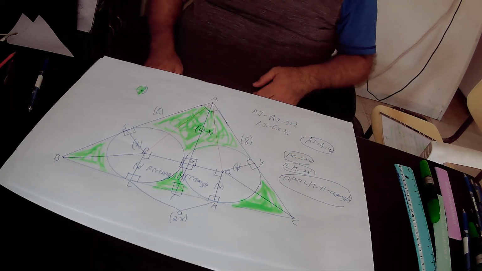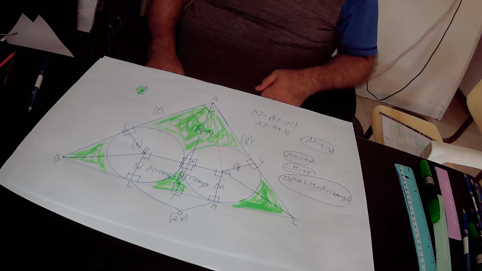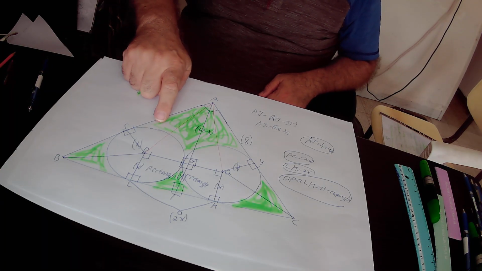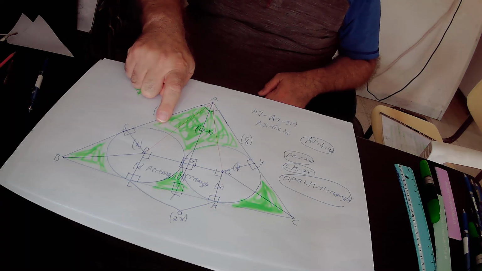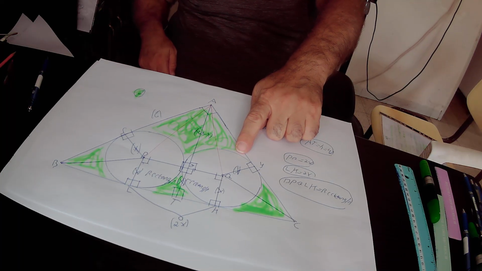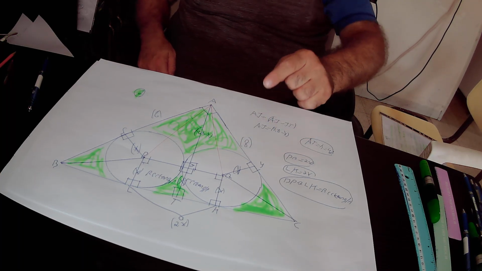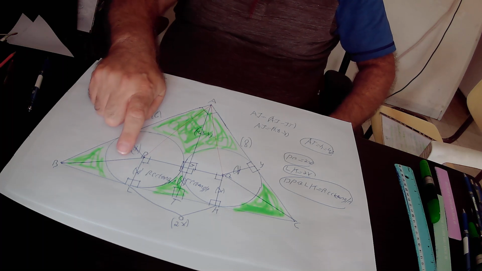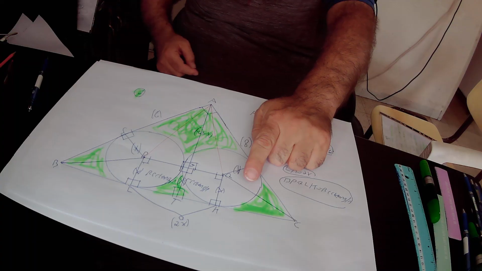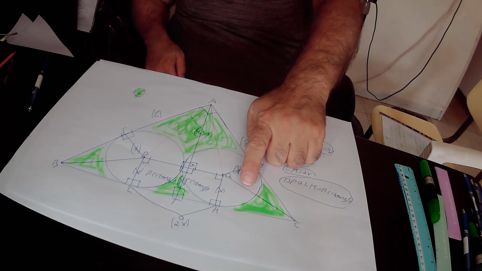By doing all those constructions, we divided the big triangle ABC into 6 parts. This is the first part of triangle ABC, the triangle APB. This is the second part, triangle AQC. This is the third part, the triangle PBL. This is the fourth part, the right triangle QCK.